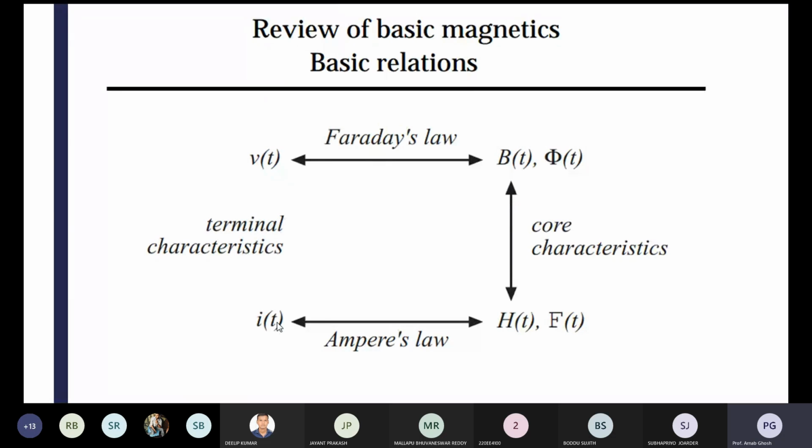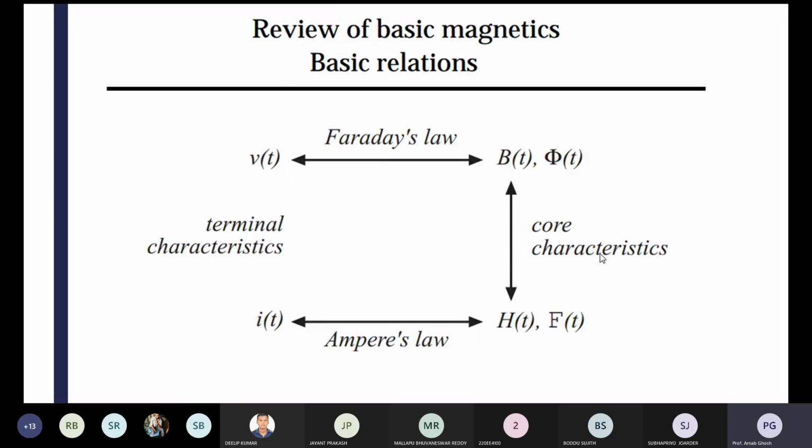So the intensity of the magnetic field, H, is directly proportional to I, but it has only a linear region. After that, it will be saturated. So it is the external force that is responsible for alignment of the molecular magnets. So these are the four characteristics.